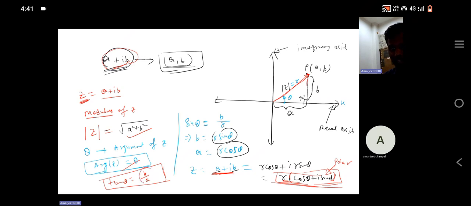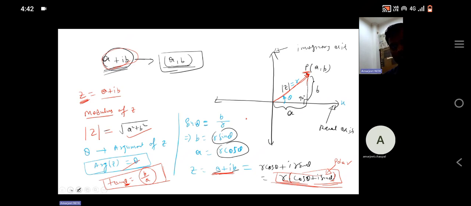Remember, this b by a will not always give you the proper value of theta. You have to consider the proper quadrant in which the point P is lying. Suppose the point P is lying in the third quadrant, then this value b by a will not give you the proper value of theta. So we have to consider the quadrant in which P is lying.